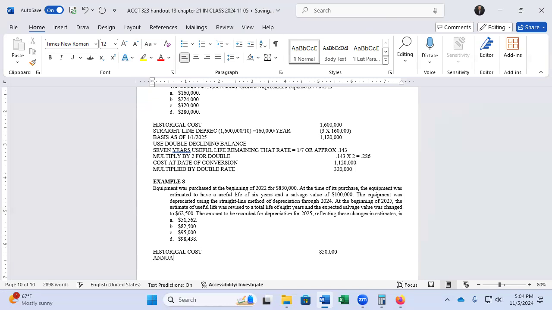Then we have annual depreciation. And so we have 850,000 minus 100,000 over 6 years, and we have to multiply it by 3. So we have 3 years, 125,000.